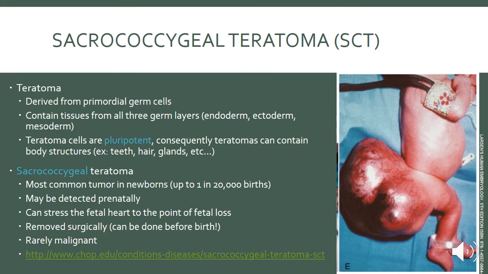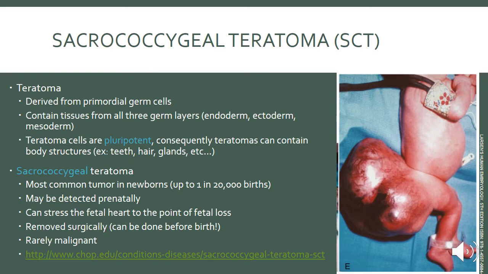These tumors can contain tissues from all 3 germ layers, and we'll talk about what those are later on, but the idea being that they cover lots of different tissue types, and they're pluripotent, meaning that they can develop into many different kinds of cells or organ structures, which creates the interesting phenomenon where a teratoma can contain actual body structures. So they've been found to contain teeth, hair, functioning glands, etc.